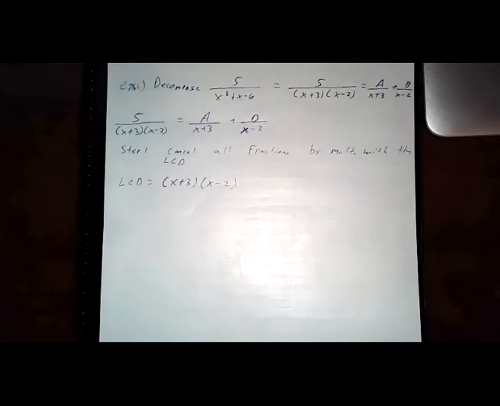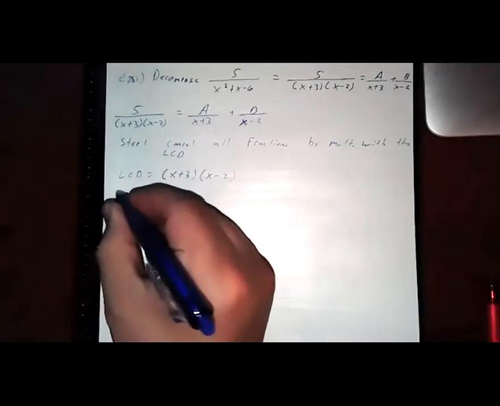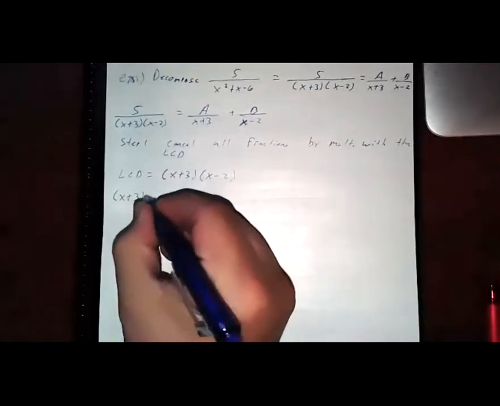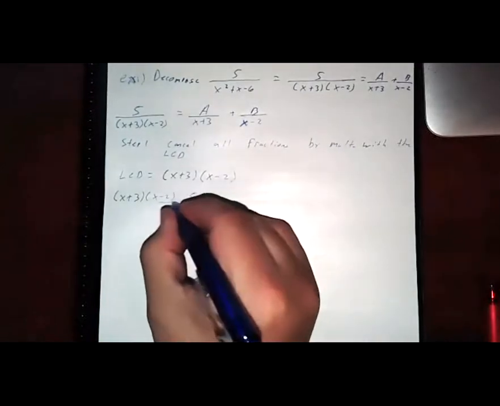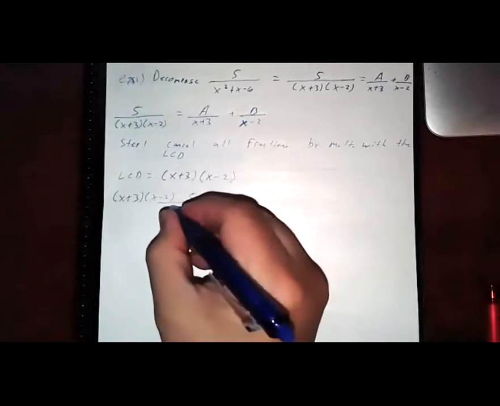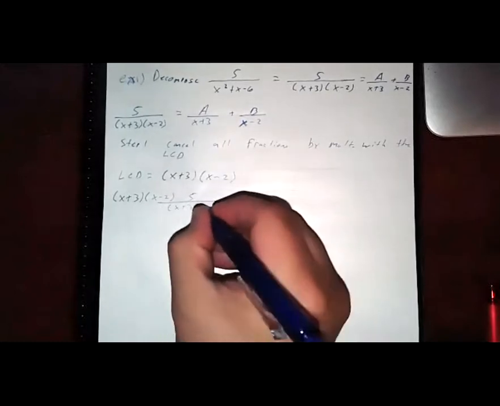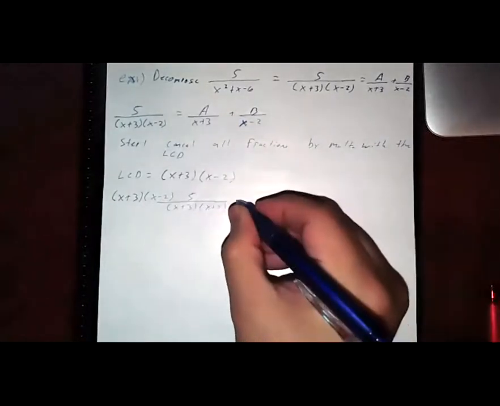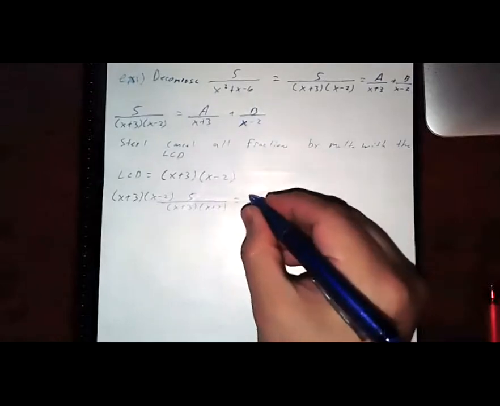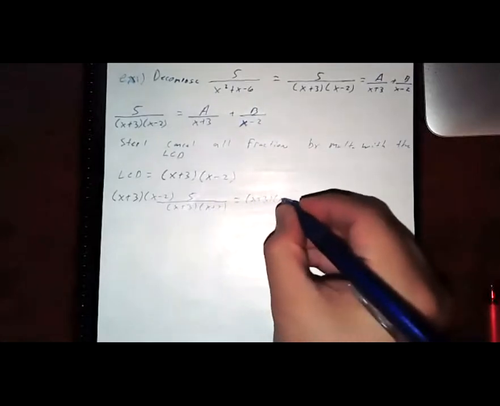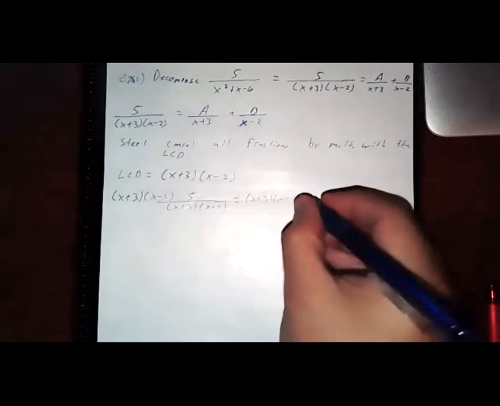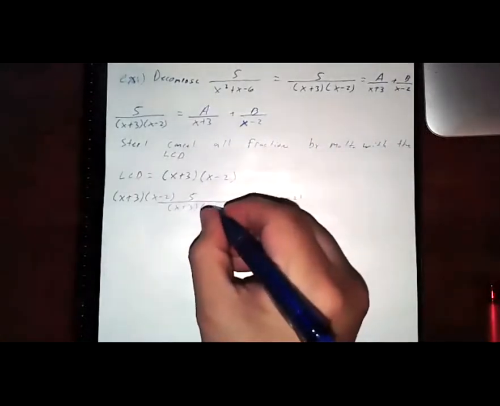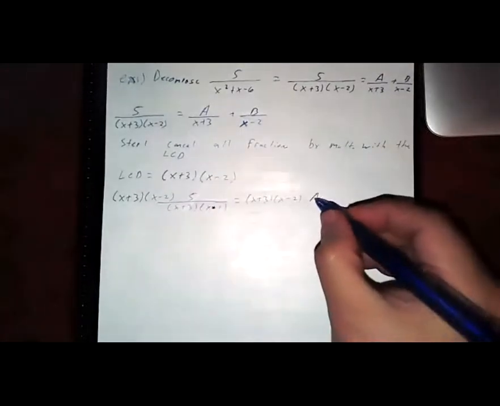Okay. So here we go. x plus 3 times x minus 2 times 5 over, this is the left-hand side, x plus 3, x minus 2, equals, then do the same thing, x plus 3 times x minus 2, times the a over x plus 3.